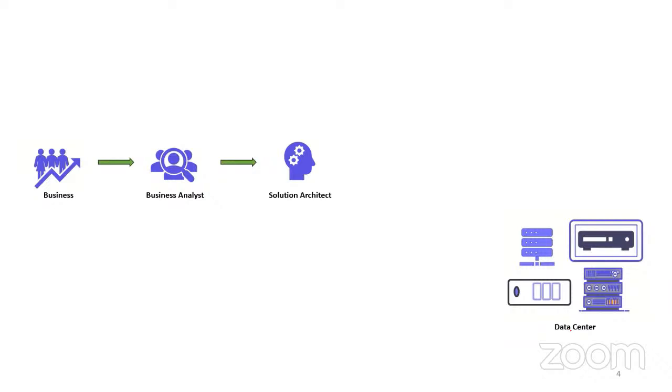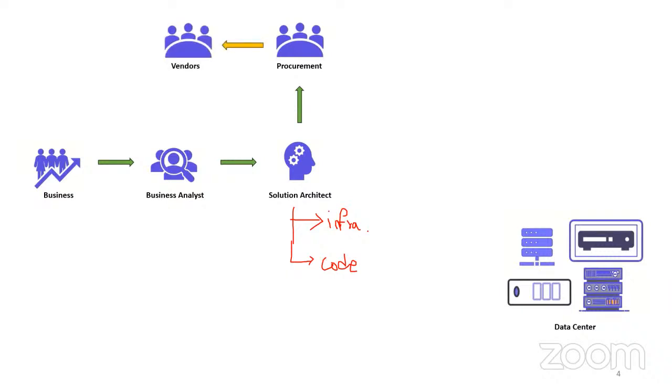If the infrastructure required is already available, then there is no problem. The code can be deployed. If the hardware is not available, they have to purchase it. So the solution architect will connect with the procurement team, and they will create a request to the vendors team.